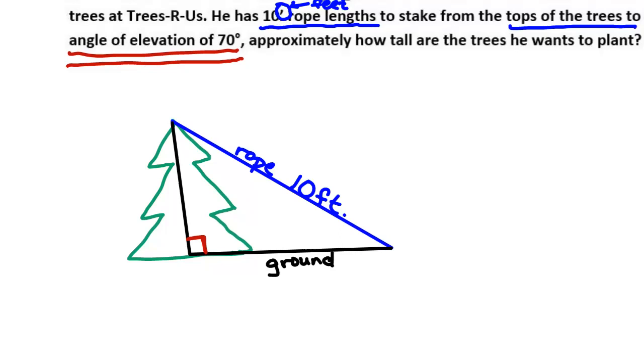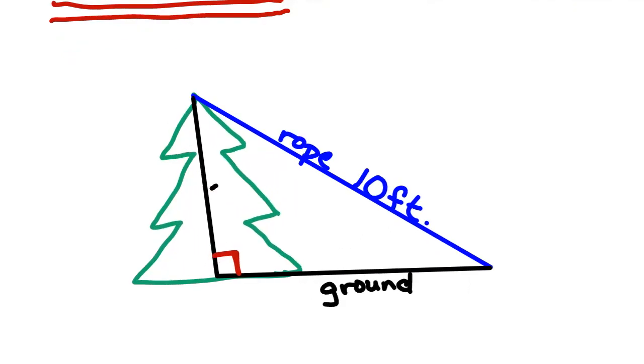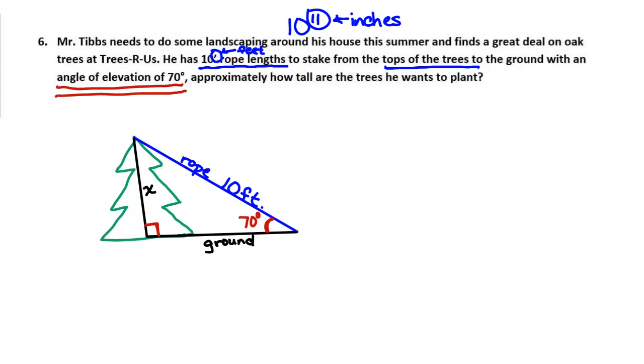All right, we want to figure out how tall the tree is. So I'm going to call that X. Where should I put the 70 degrees? Where the 10 and the ground cross each other, right here. Because poor Mr. Tibbs is not going to be all the way up here.